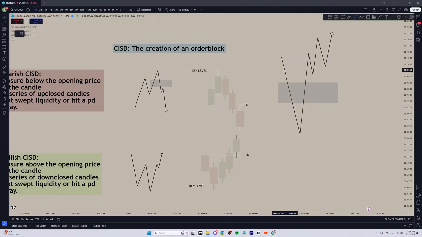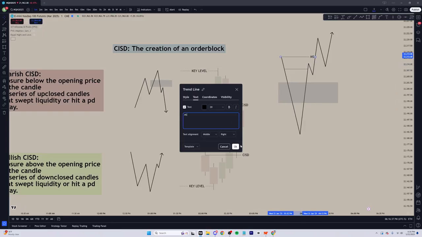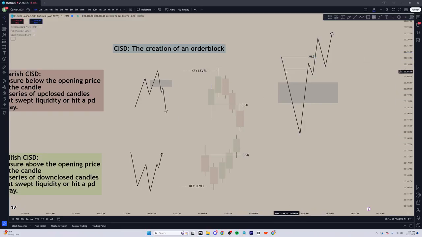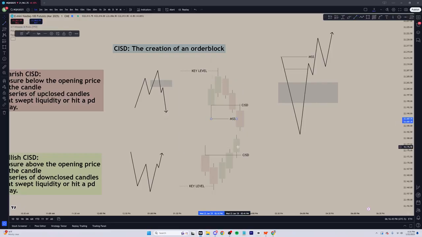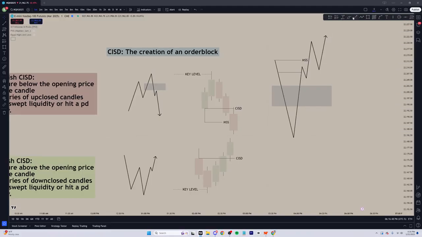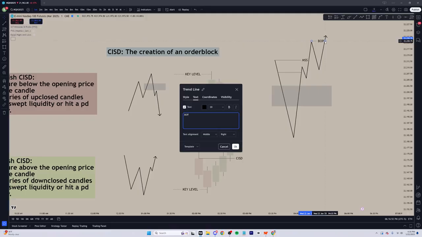We then get a body closing above the series of down-close candles that swept liquidity. So let's say there's a wick here, right? So this is your CISD. Then your market structure shift happens after that, where we get a closure above the wick. So this is a closure above the wick. This is a market structure shift. And then after that, once we get the retracement and go higher, that's a breaker structure.